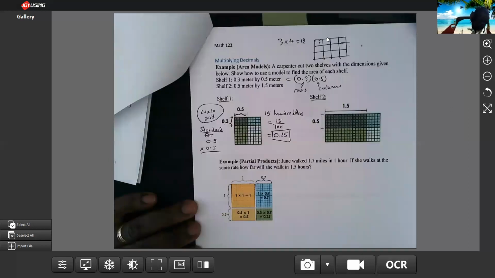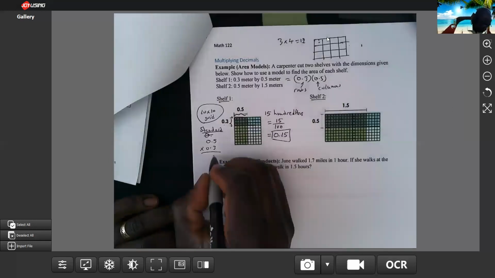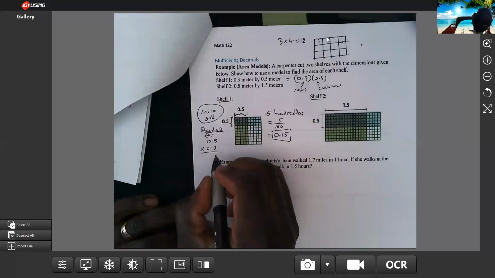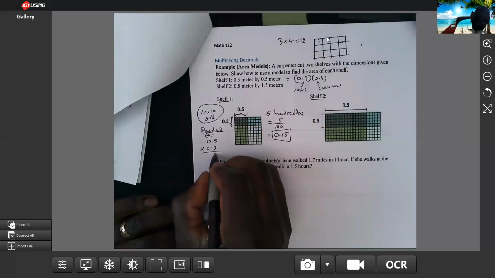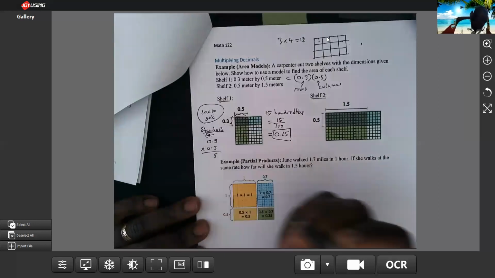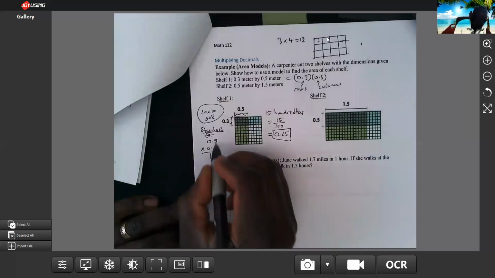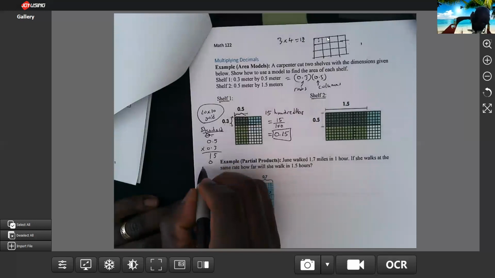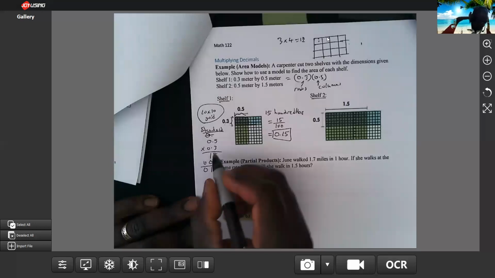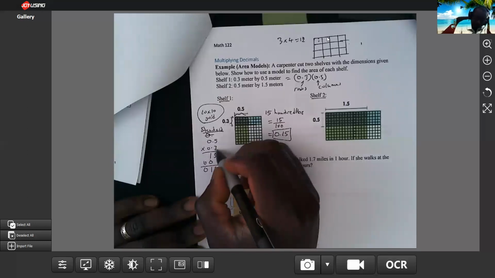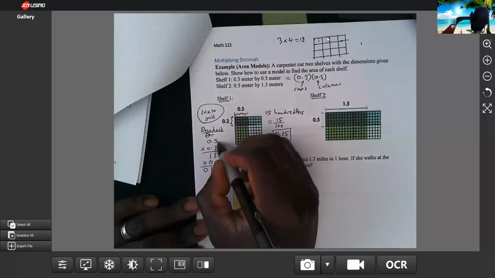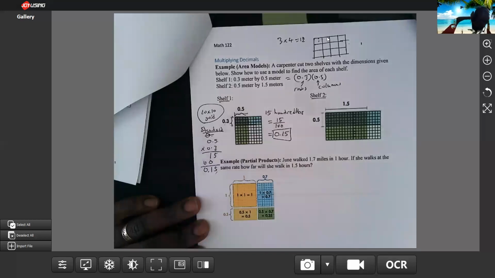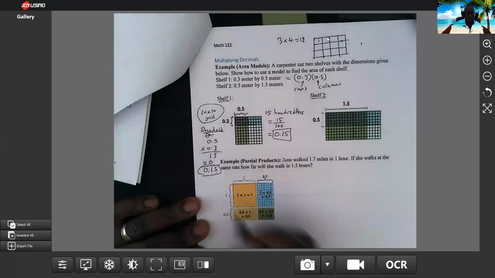What you do is that 5 times 3 is 15. Then 0 times 5 is 0, and 0 times 0 is 0. So you get 15. How many decimal places? The number of decimal places is one from one factor and one from the other, so 2 decimal places. So this is equal to 0.15.